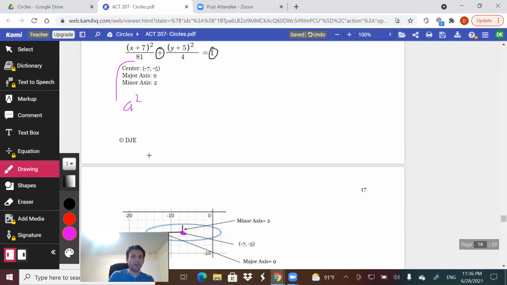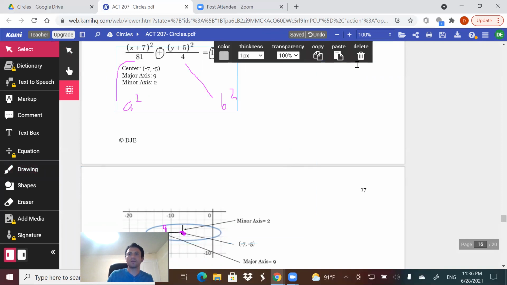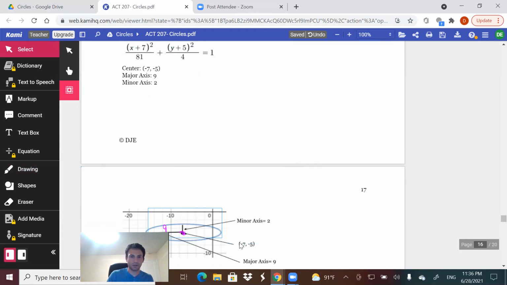If you take the square root of that, that's 9. That gets you your major axis. So our major axis here is 9. And we know it's along the x because it's below the x. Now below the y, we have 4. That's our b squared. So you take the square root of that and you get 2. And that gives you your minor axis. So that's how you read the equation of an ellipse. The center is in the top. The bottom tells you the distance for your major and minor axis.